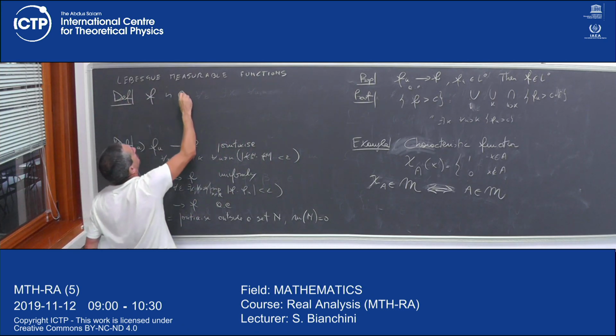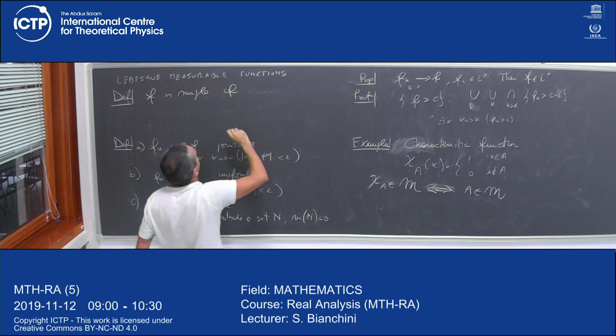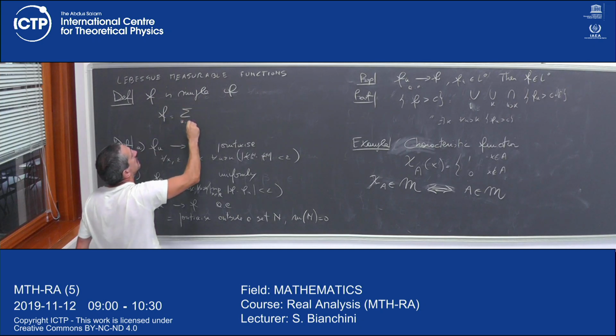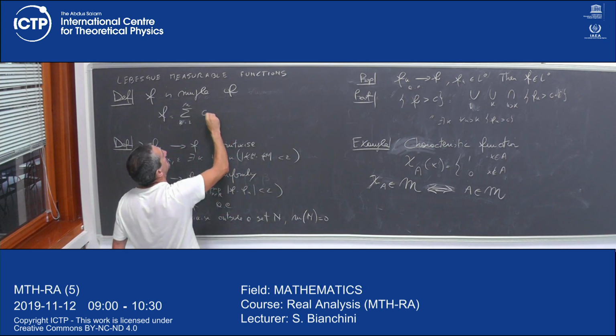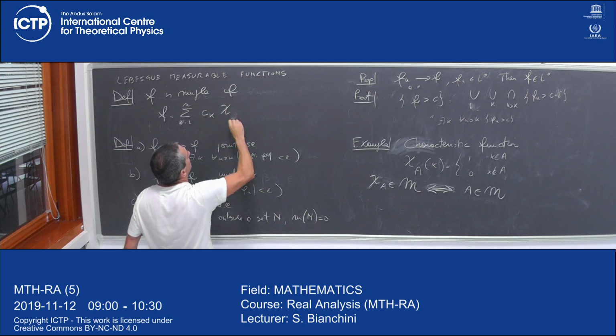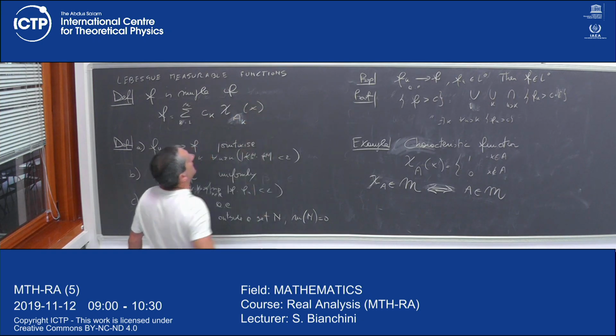F is a simple function if F is the sum, k equal to 1 to n, of finitely many characteristic functions with some constants, let's say c_k, but okay, this is for general. c_k times the characteristic function of E_k of x.